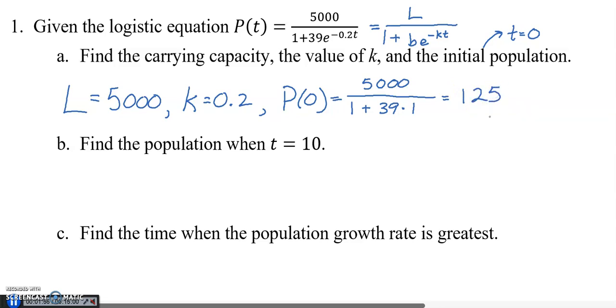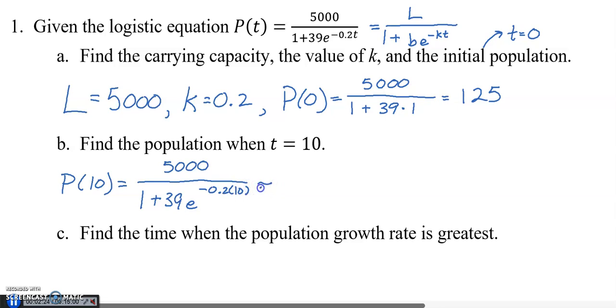Alrighty, so maybe a warm-up question or two, because 1b is also fairly straightforward. You don't really need a calculator for 1a, but for 1b I would definitely say let's pull out a calculator, because all we're really doing is evaluating 5,000 over 1 plus 39e raised to the negative 0.2 times 10.